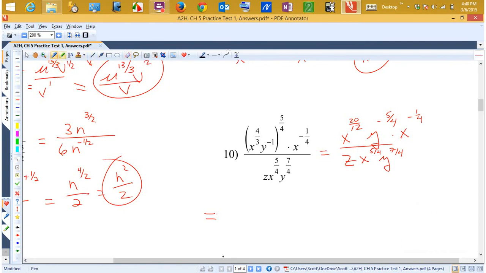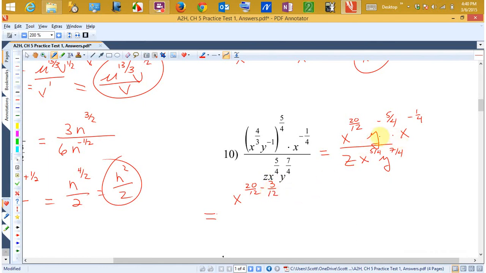Okay, so we're going to have x to the 20/12. And we have to subtract 1/4, so we're going to change that. That's going to be minus 3/12.